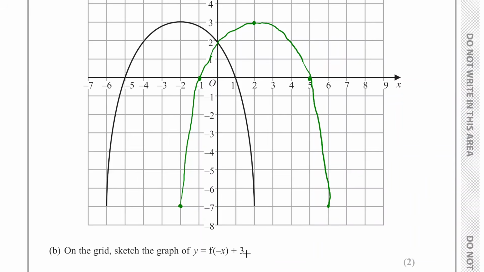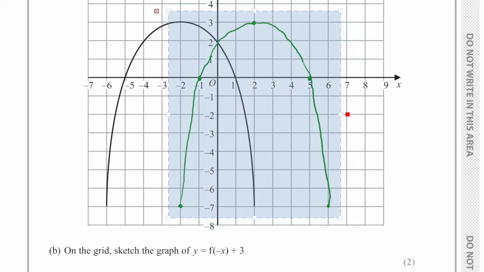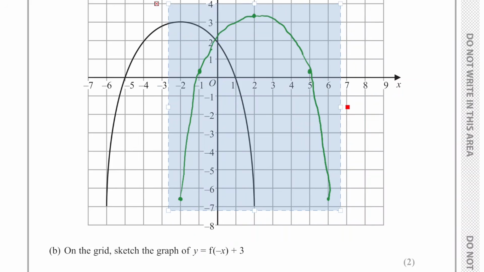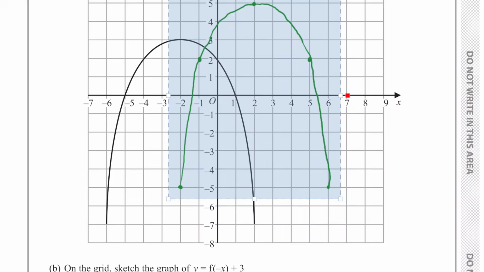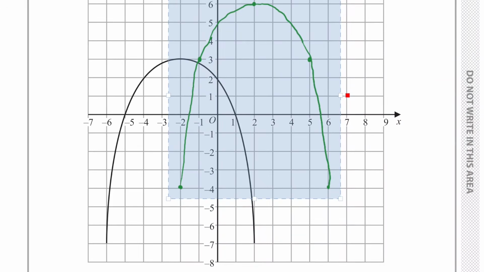But we also want to add 3. So that means add 3 to all the y coordinates. So I'm going to take my graph. Instead of having a turning point at 3, it's going to move up 3 spaces. So 1, 2, 3. So it's going to move up to 6. So if you take any of the points, so take this point at -6, -7.